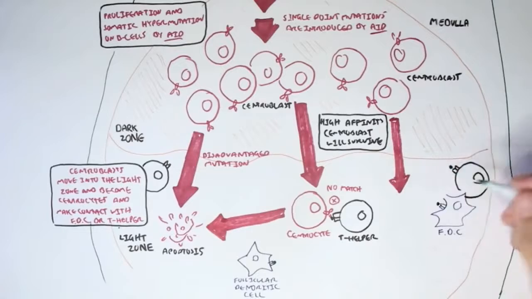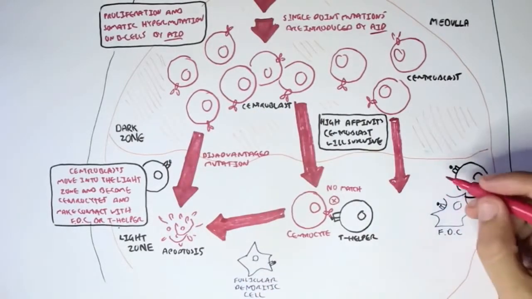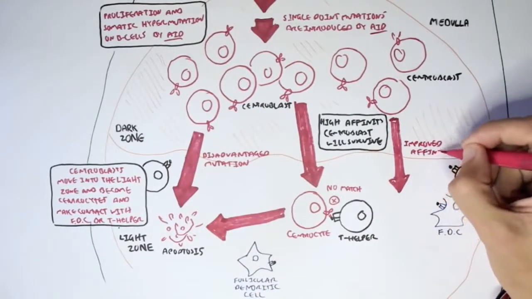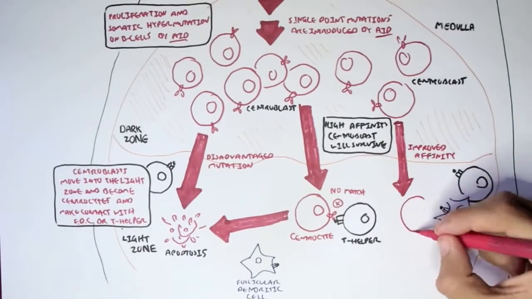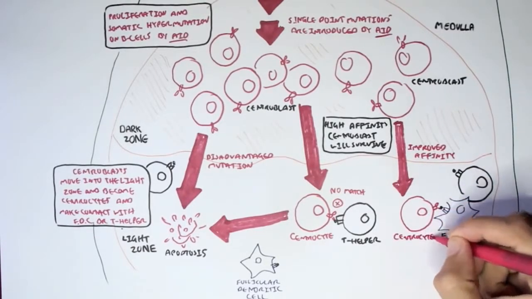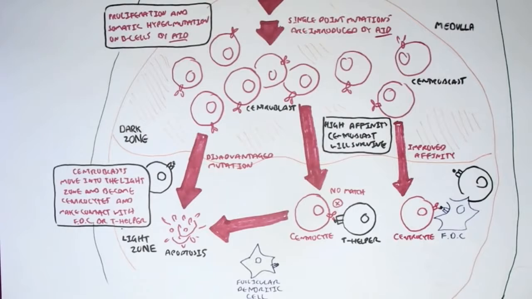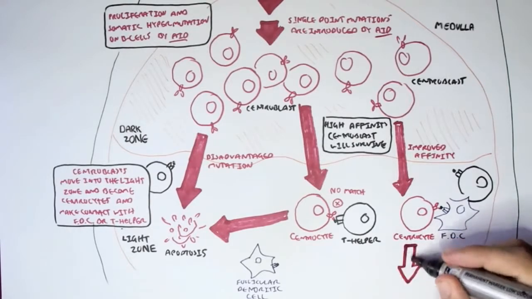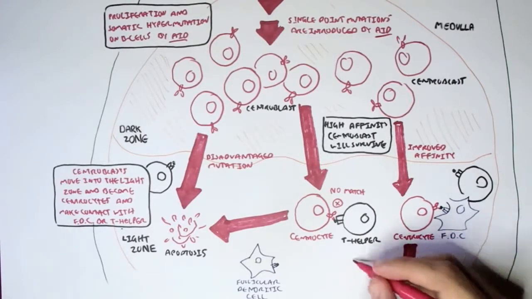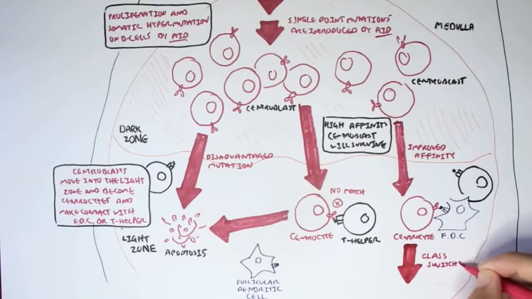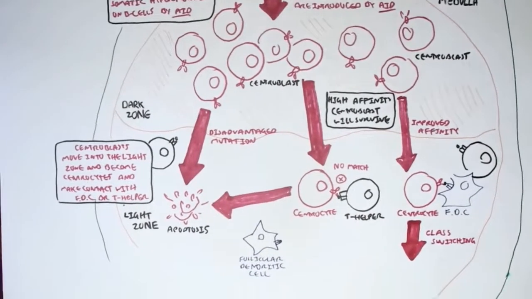However, this centroblast, for example, had an improved affinity through hypermutation. And so the antibody of this centrocyte can recognize the antigen presented by the follicular dendritic cell. And because the centrocyte's antibody recognizes the antigen, the body would want this centrocyte to survive.